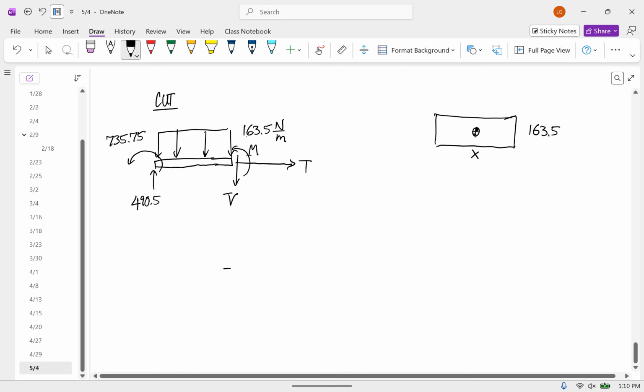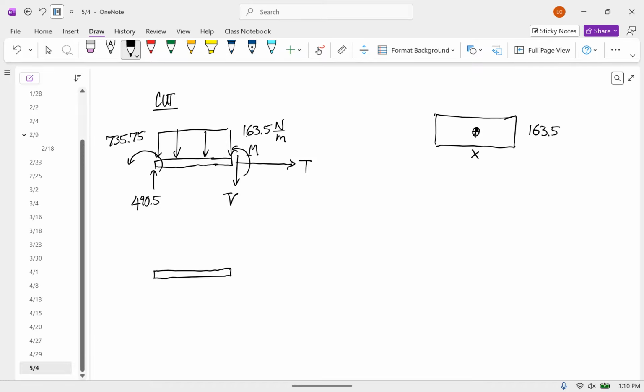And so now I can redraw this free body diagram. We have a force at the middle. The area of this is 163.5x. So we have a downward force of 163.5x, an upward force of 490.5, and internal loads.